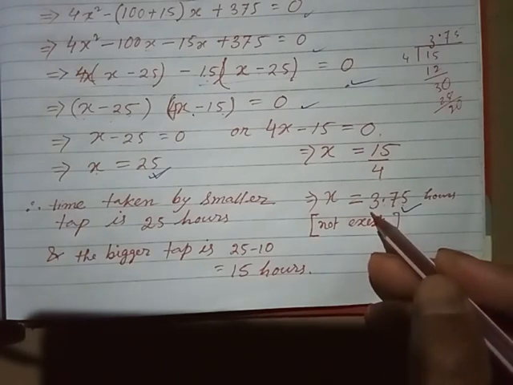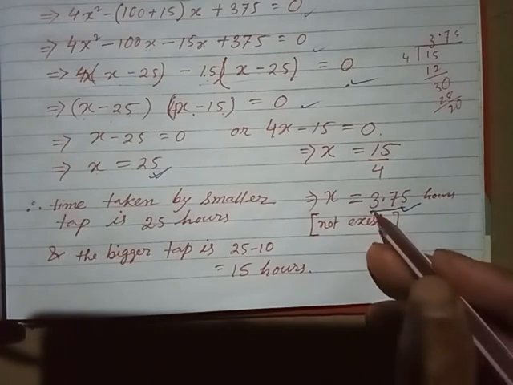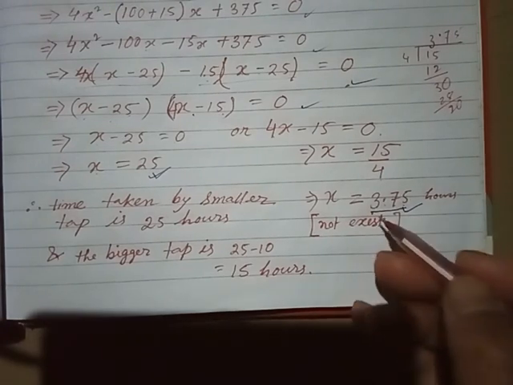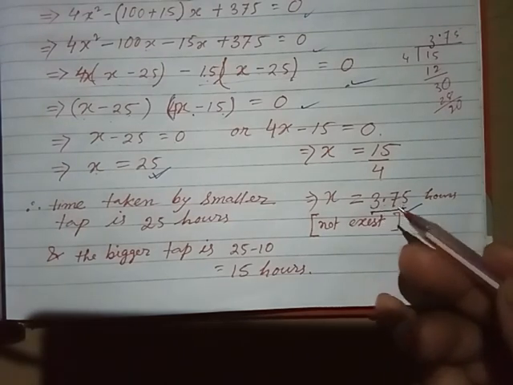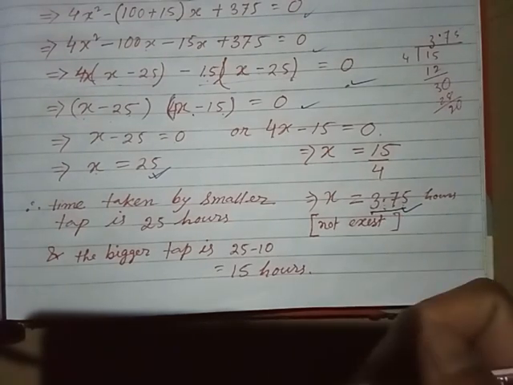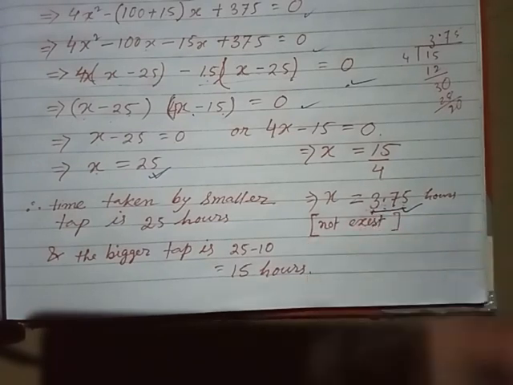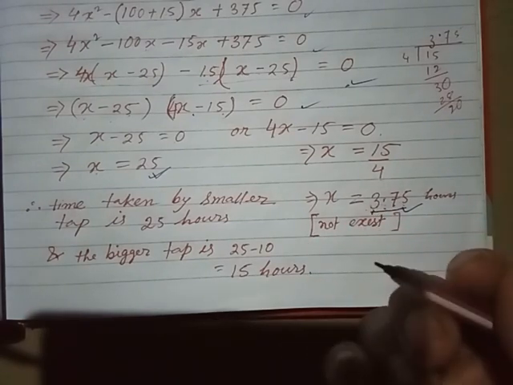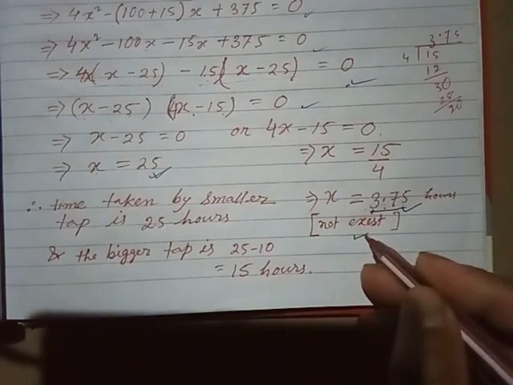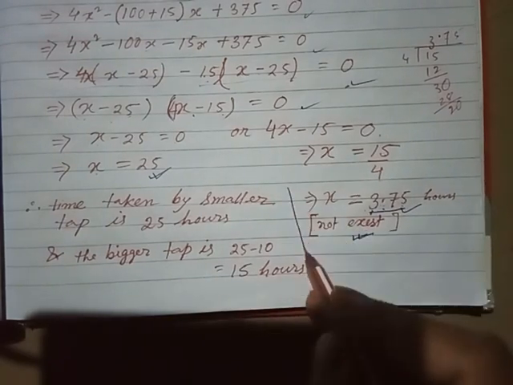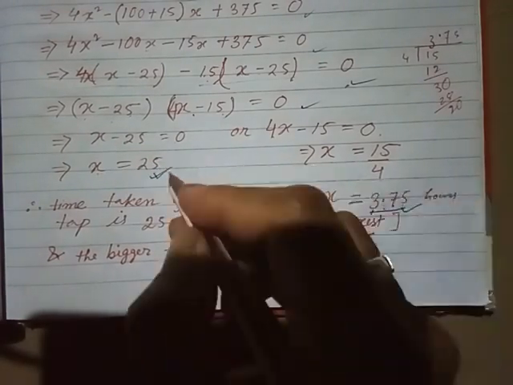So if the time taken by the smaller tap is 3.75 hours, the time taken by the bigger tap will be a negative number, 10 hours less than 3.75 will be a negative number, which is not valid practically. So I wrote here this does not exist. Okay, so the valid answer is x equal to 25.